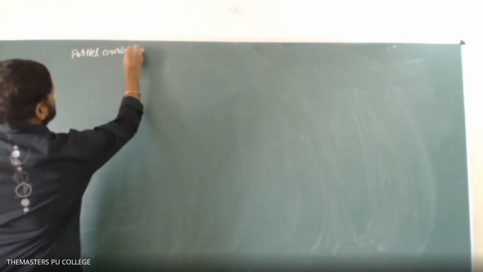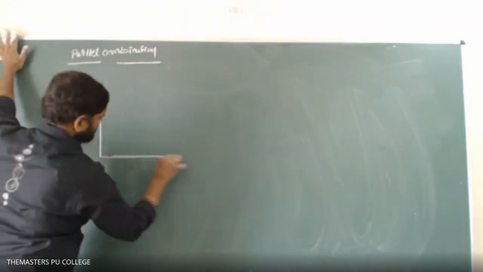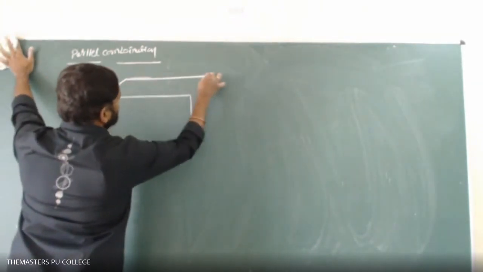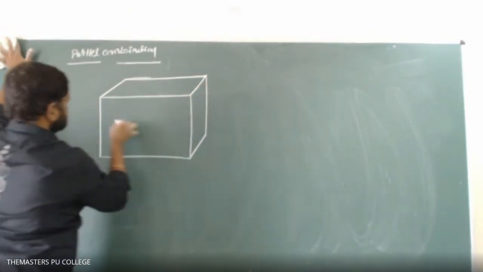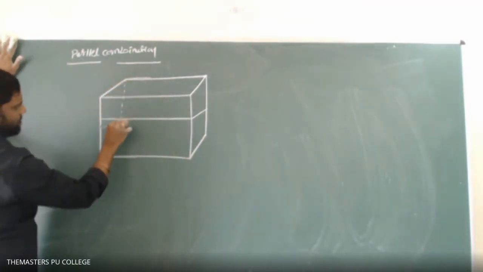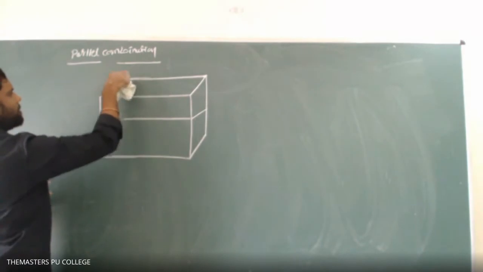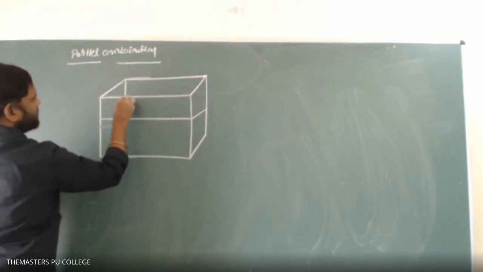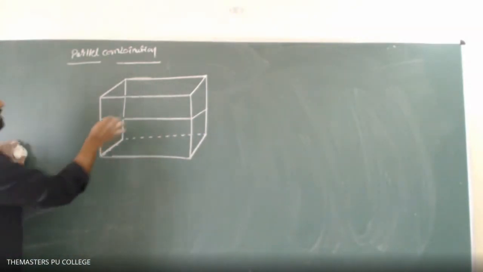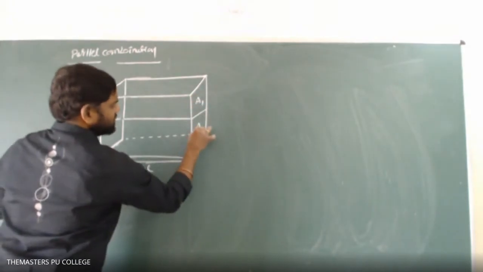So this is about parallel combination. Consider two rods of the same length L, but the area of cross section of the first one is A1 and the second one is A2.